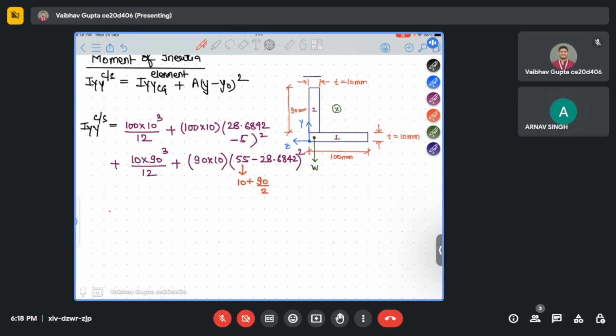So if I calculate this, I will get 1.8 into 10 to the power 6 mm4.